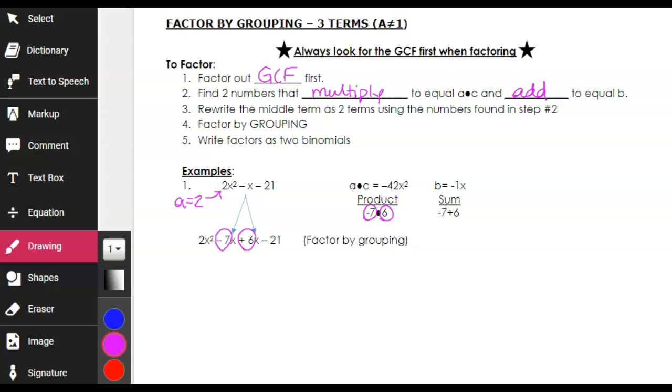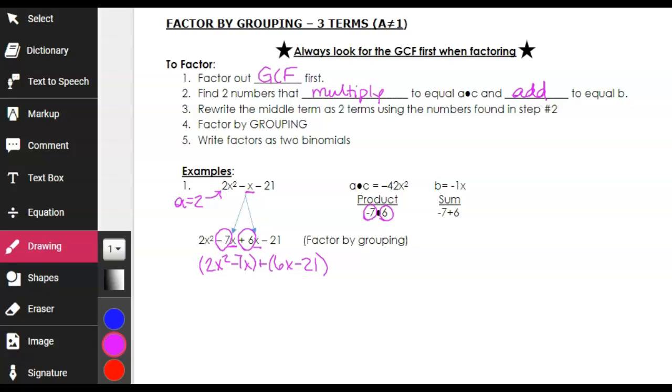And the way you determine the type of term is to look at this middle term. So this middle term is an x term, which means negative 7 and 6 are both accompanied by an x. So now you follow the model from previous problems and you factor by grouping. So you have a group of 2x squared minus 7x and a group of 6x minus 21.